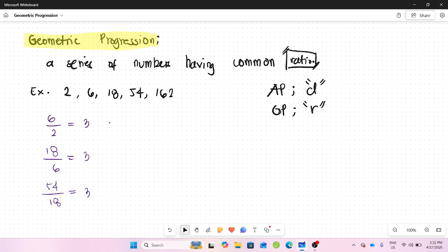So the common ratio here is actually 3. Okay, so we write here that our R for this geometric progression has a common ratio of positive 3. Okay, so that's what we mean by a geometric progression. So it means that the common ratio is actually 3.